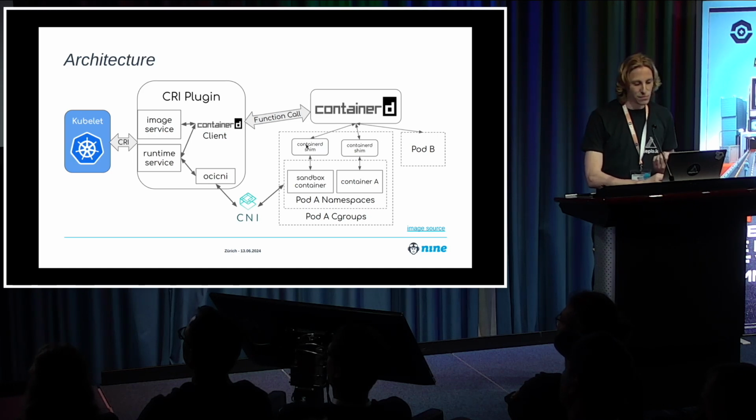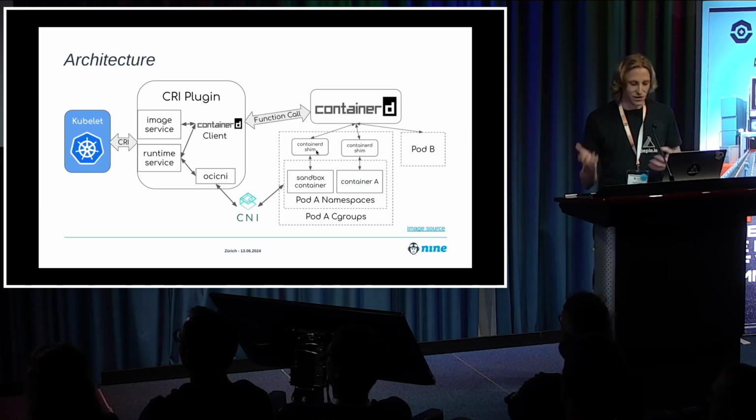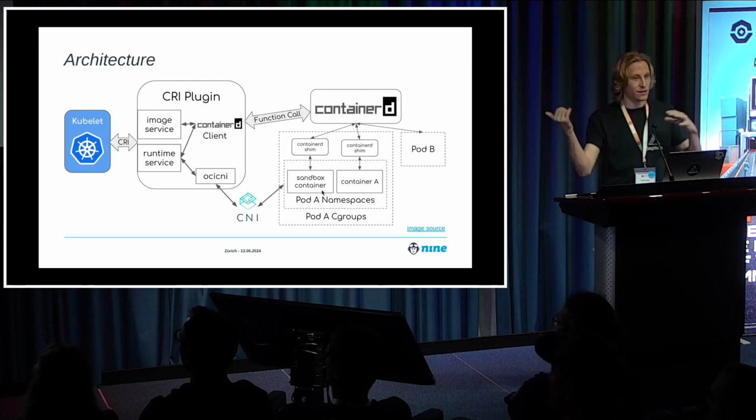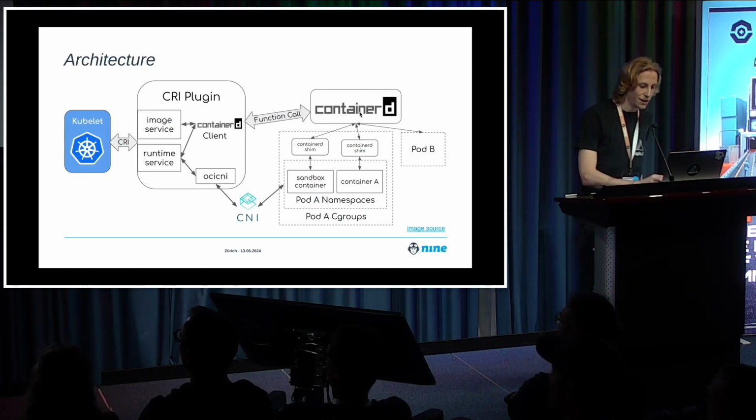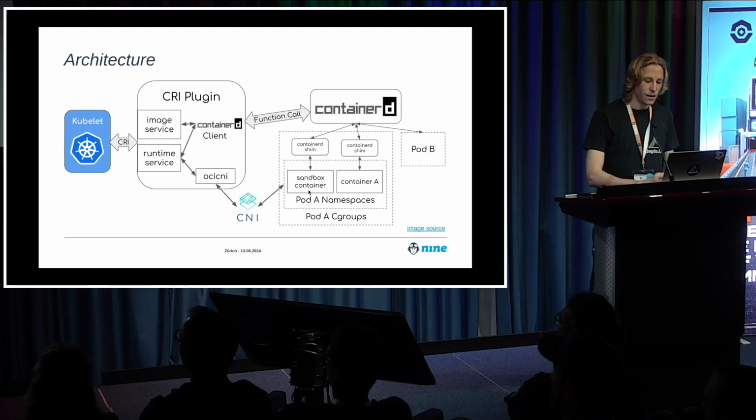And the shim is responsible for creating the sandbox, the C groups, all that sort of stuff. It actually just calls out to runC or crun or whatever to do that stuff. So it's just an in-between gateway between containerd, the runtime, and something like runC. And it also provides stuff like logs.